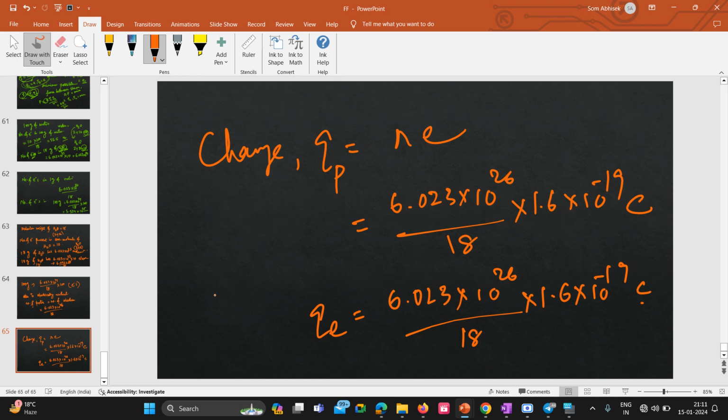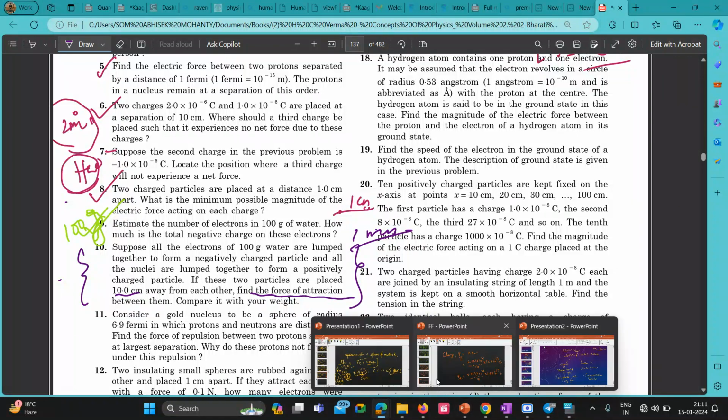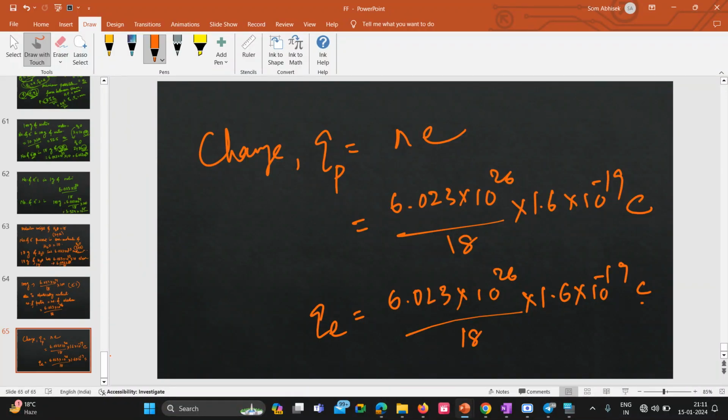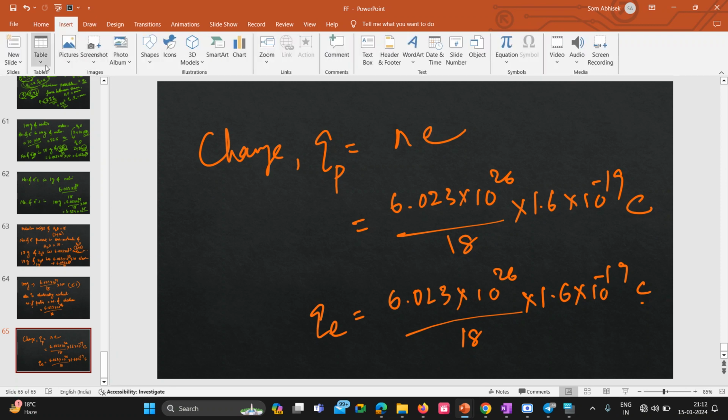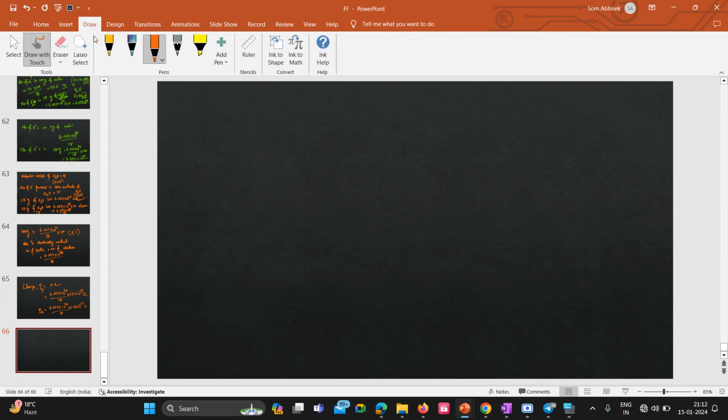Right? So, what is the question now? Let's see. We did everything. What is the question? If these two particles are placed 10 centimeter away, find the force of attraction. Simple. So we did all the hard work. Now we just have to find the force of attraction. F is equal to 1 by 4 pi epsilon naught, Q1 Q2 by R square.